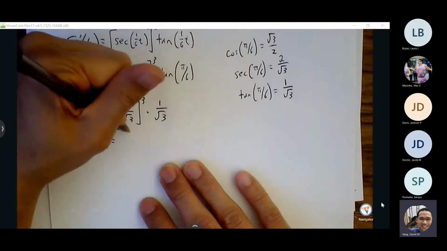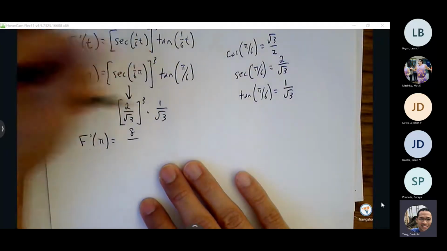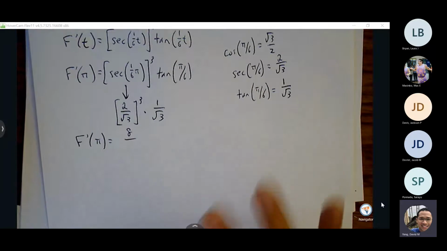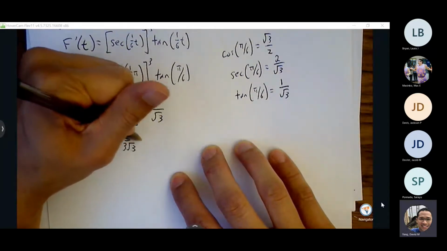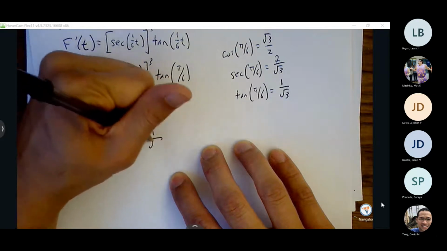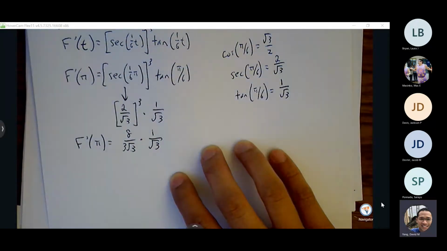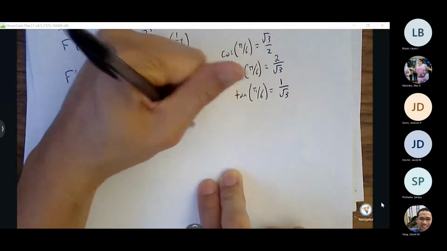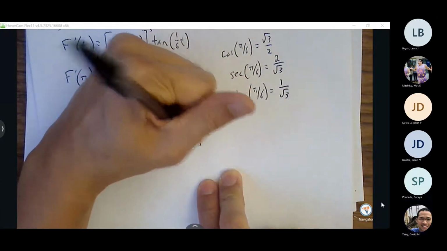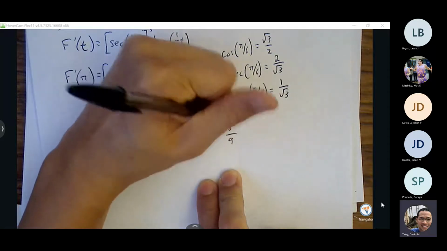Okay, 2 cubed is 8. Root 3 cubed is root 3 times root 3 times root 3, which will be 3 root 3. Multiply this together, root 3 times root 3 is 3. 8 over 9.